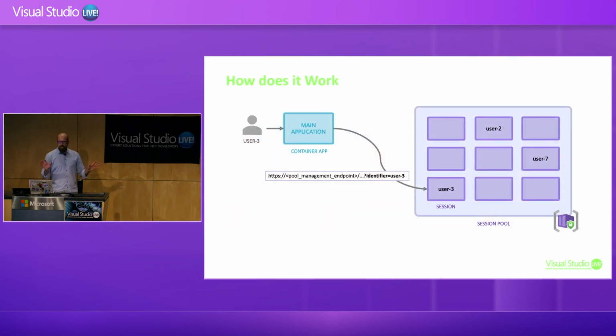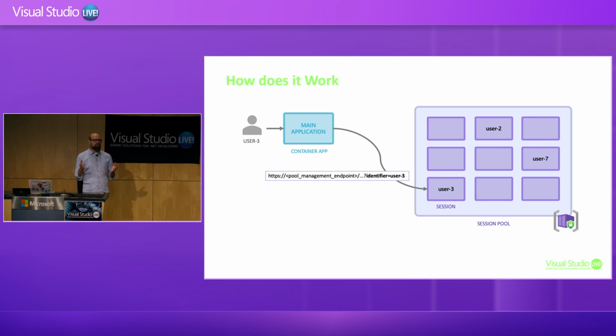So, how does the dynamic session work? What you're looking at here on the right-hand side is essentially a session pool. You provision a session pool. A session pool has a certain size, which is the number of sessions, the individual boxes that you see there.